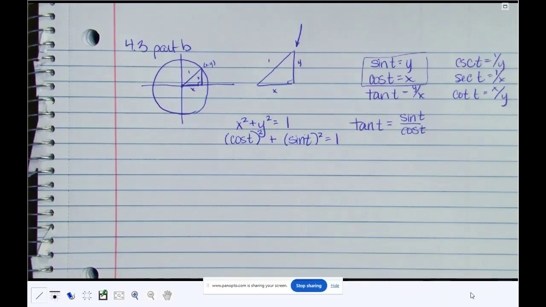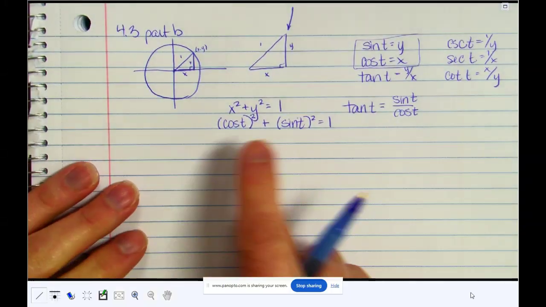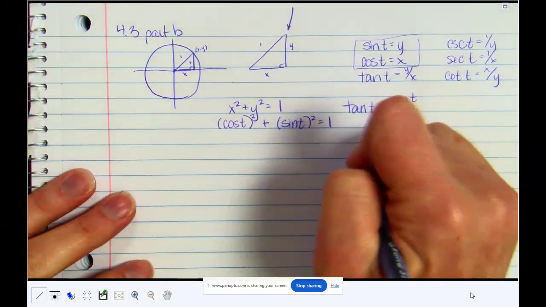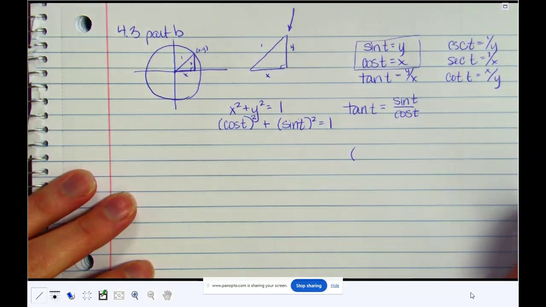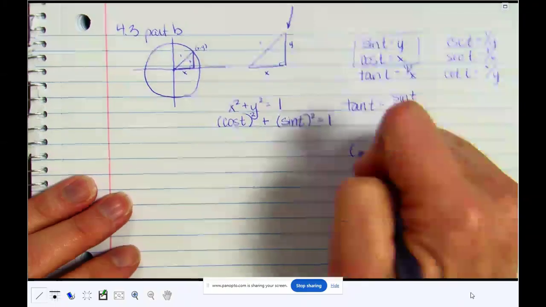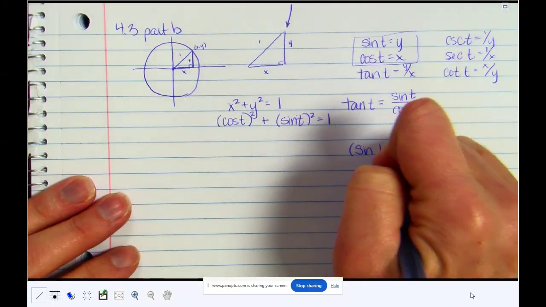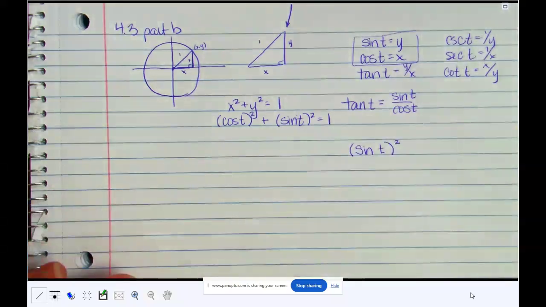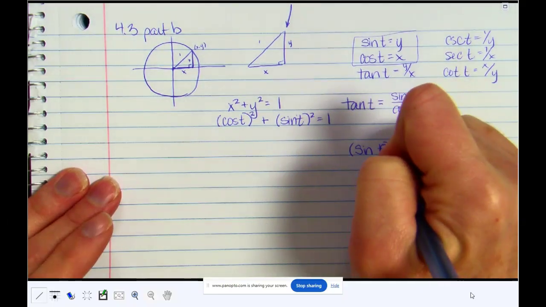Now, a couple things that you need to know. This you might want to write down. We'll switch it to theta when we put it on our sheet. When you see something like this, the sine of something, I'll switch to theta because I would rather anyway.